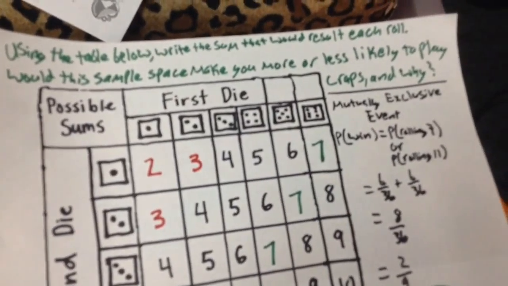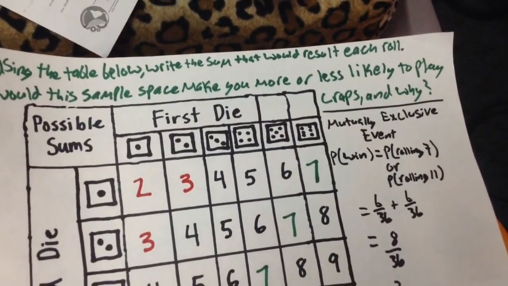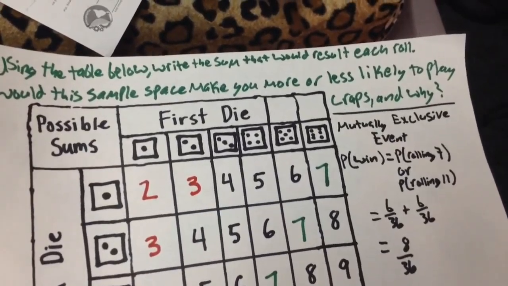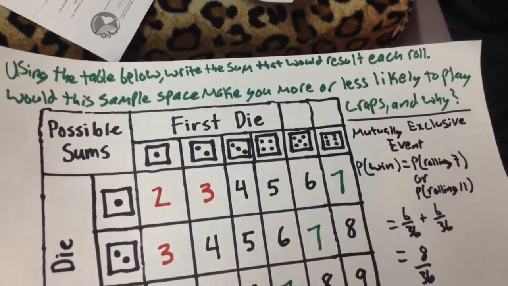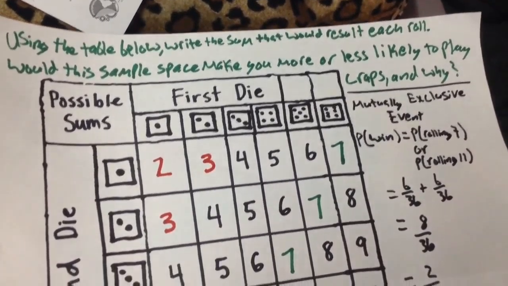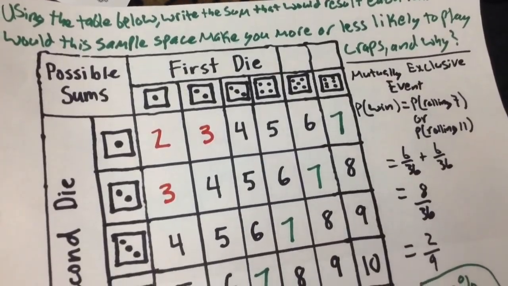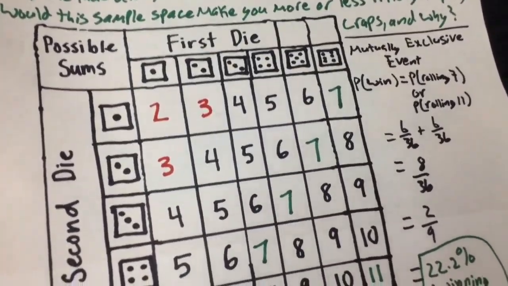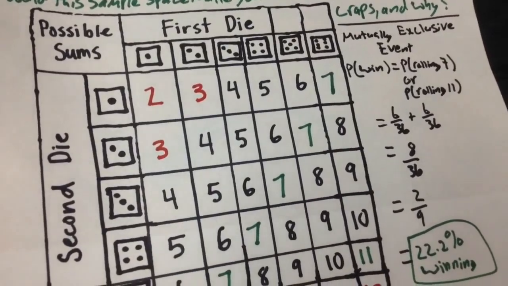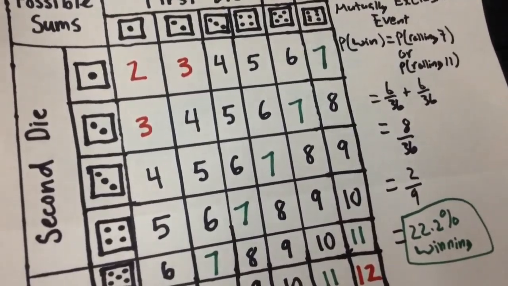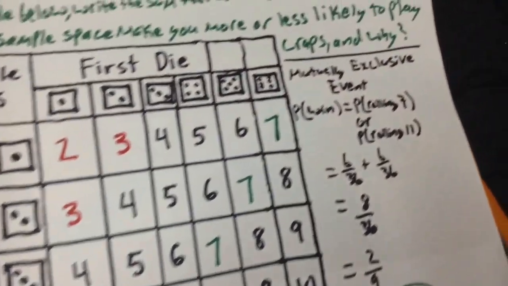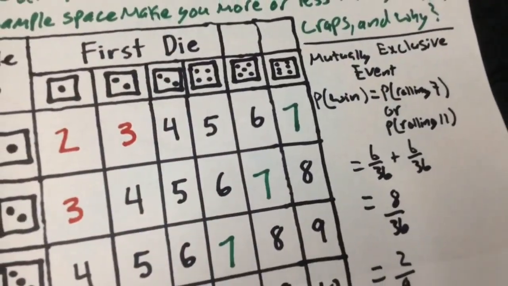In the table below, write the sum that would result from each roll. Would this sample space make you more or less likely to play craps, and why? So Suhu, when I go to Vegas, it's probably my favorite game because I have better odds playing this and I don't get ripped off as much. In this one, my probability of winning is rolling 7 or rolling 11.